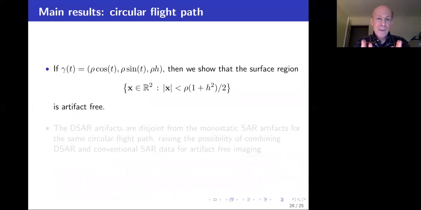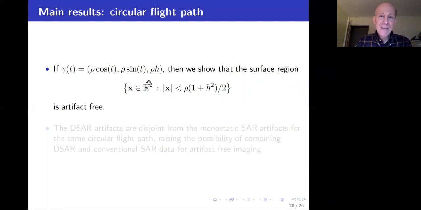However, to be on the positive side, we can give a concrete region where you can avoid artifacts. Let's describe the circular flight path in the following way. Let's describe gamma of t as rho cosine t, rho sine t, rho h. So the radius is rho, centered at the origin, and the height is rho times h. So h here is a dimensionless parameter.